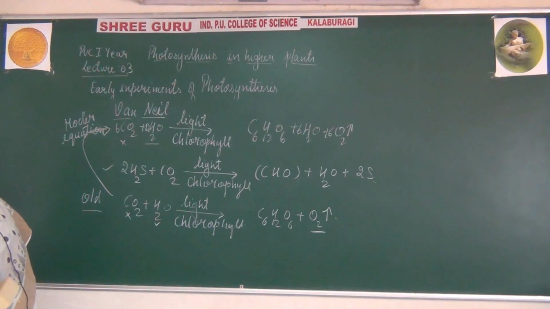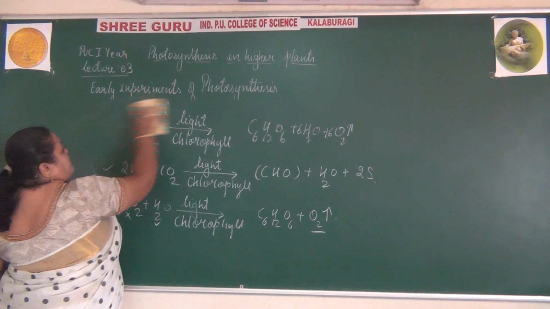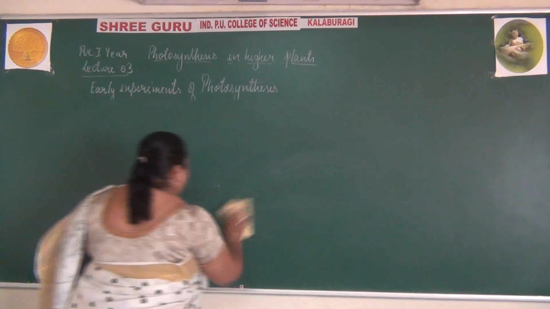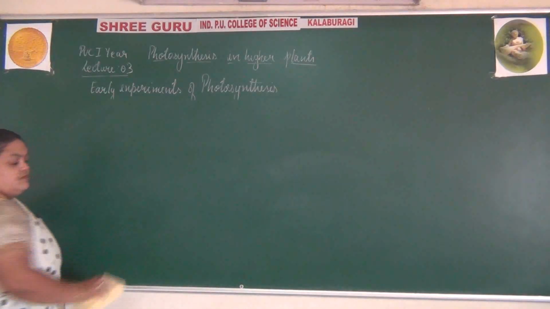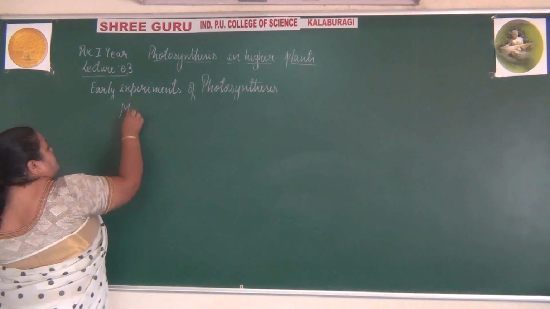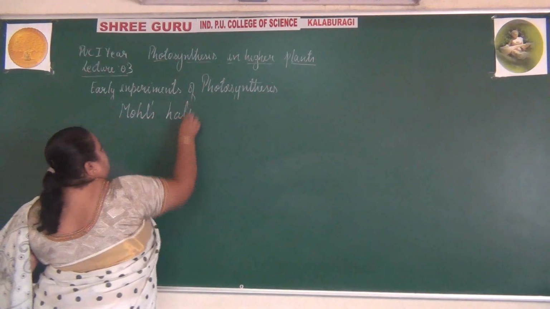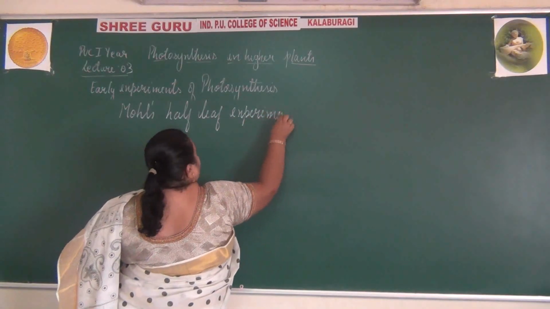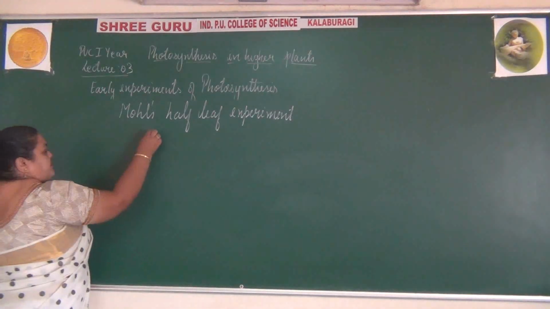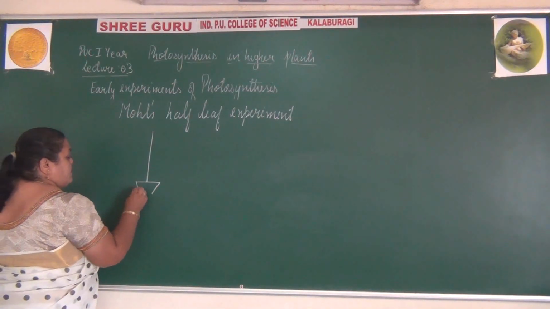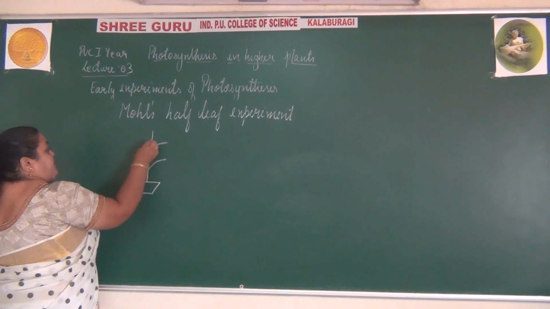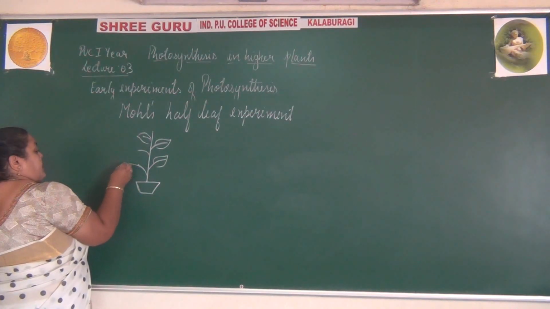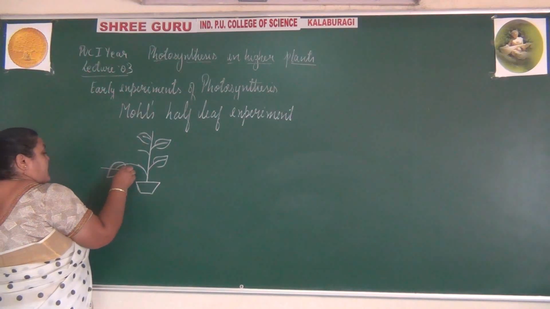That was done by the scientist called Moll, and the experiment is known as Moll's half-leaf experiment, where a potted plant was used.